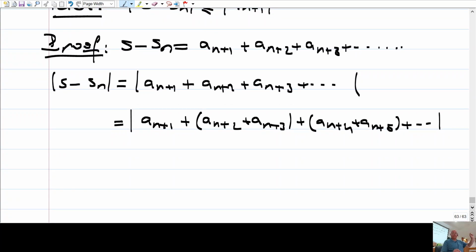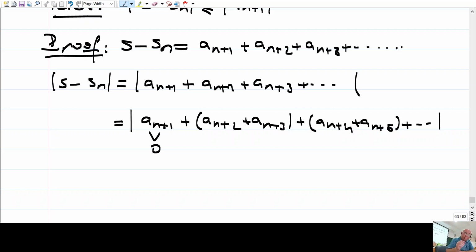Note that each an is either positive or negative. For simplicity, let us assume that an plus 1 is a positive number. If it is negative, let's multiply everything by minus 1. In the absolute value sign, if you multiply all of them with minus 1, nothing changes. Therefore, there is no harm assuming that an plus 1 is positive.